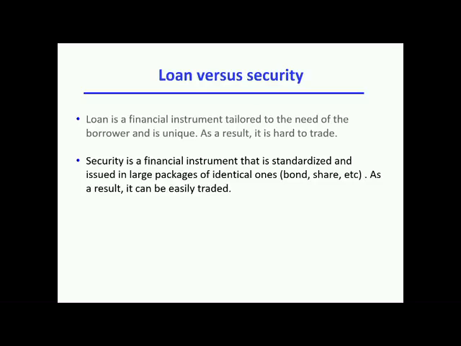So in that sense, they're both very similar, but there's one major difference. A security is standardized, so there's lots of these pieces of paper, and they look all the same, so they can often be traded in the market. You cannot trade your loan, or your bank cannot trade your loan easily, so they can't sell the loan contract that you have to somebody else.